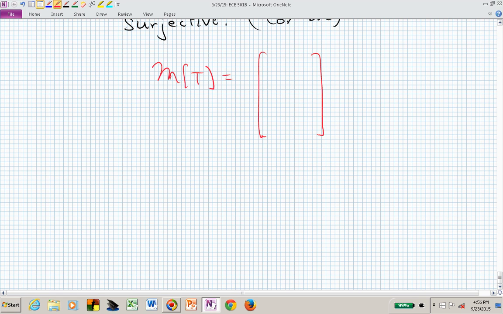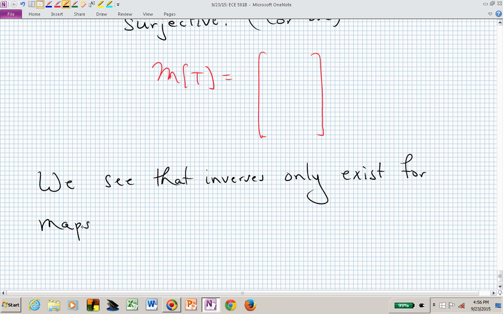What's that telling us? Hopefully now we see that inverses only exist for maps between spaces of equal dimension.